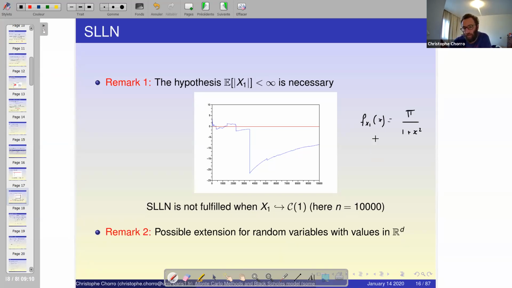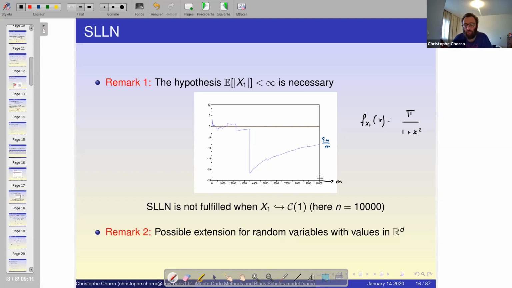Once again, here you have in blue Sn over n, and here the number of random variables you use in order to compute the average. But I see that I don't have convergence of Sn over n.